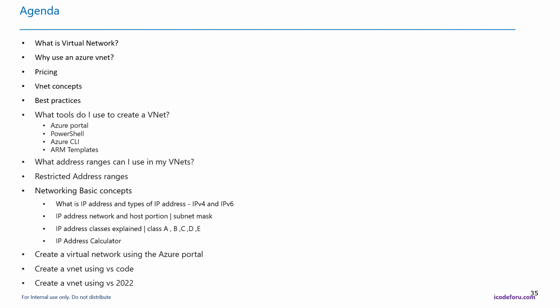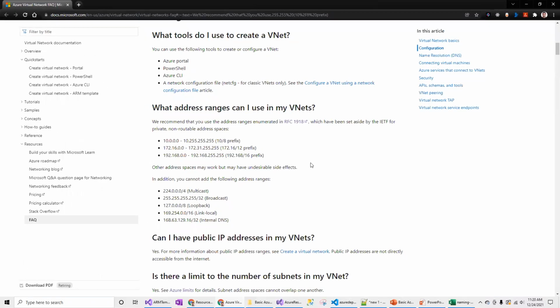So let's take a look at some of the concepts or the questions related to virtual network. What address ranges can I use in my VNet? For example, RFC 1918 recommends using these address ranges for your private IP addresses.